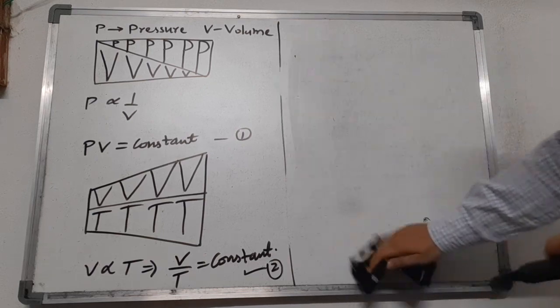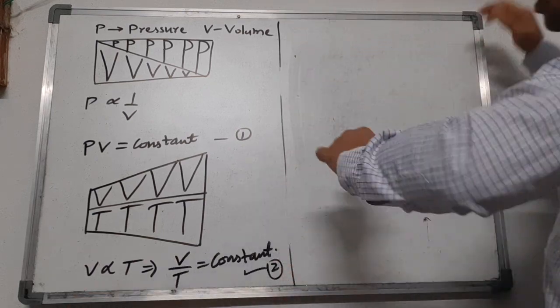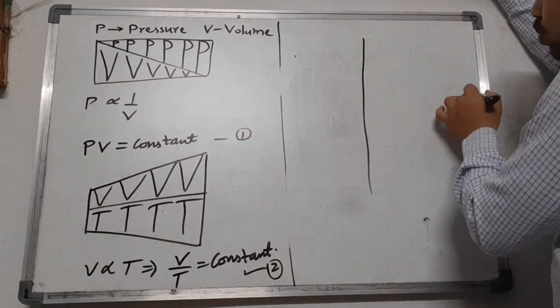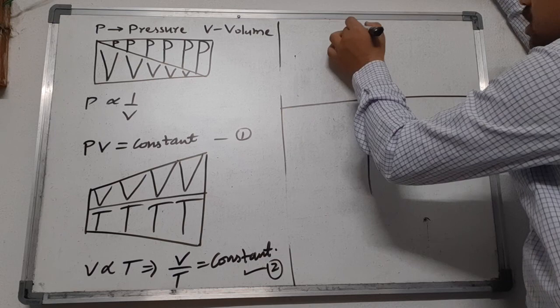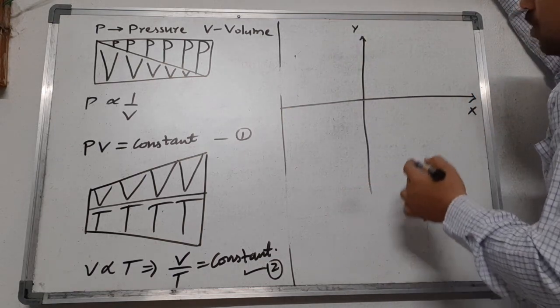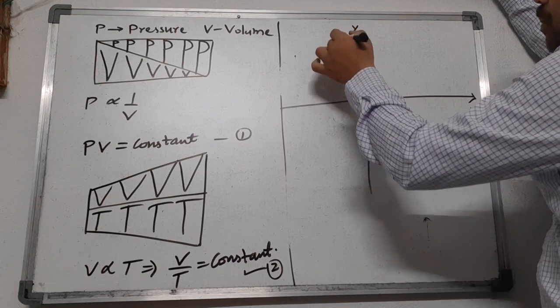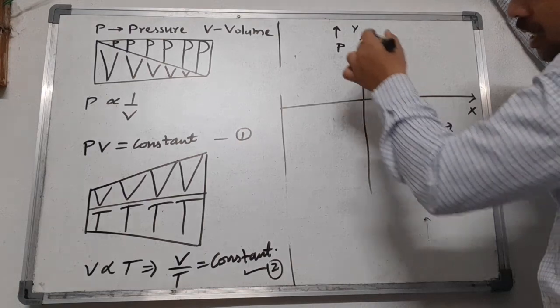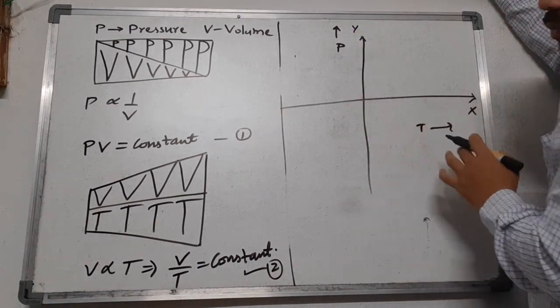Suppose we plot a graph, taking the y-axis and x-axis. We have pressure on the y-axis and temperature on the x-axis, so it is a P versus T graph.